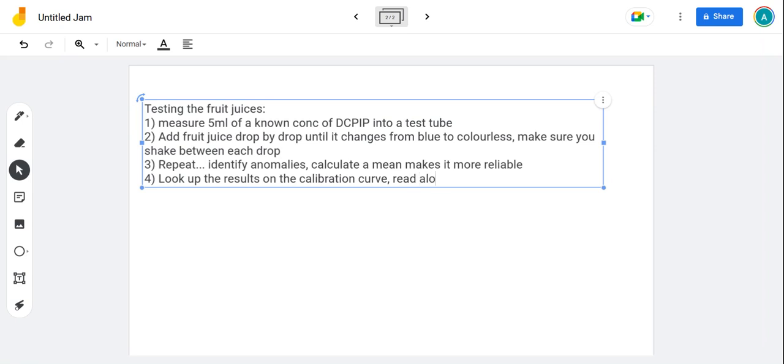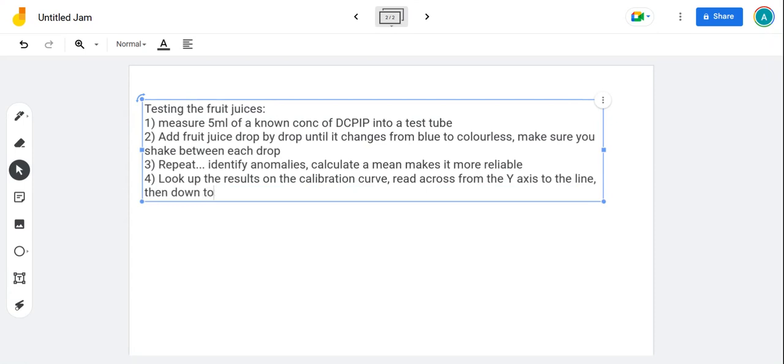Read along, or across, I should say, from the y-axis to the line and down to find the vitamin C concentration for each fruit juice. Nice and easy.